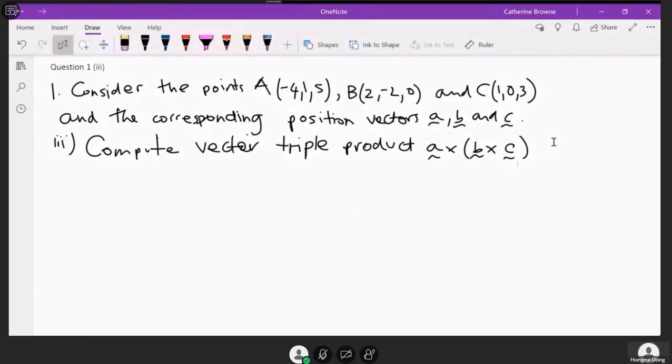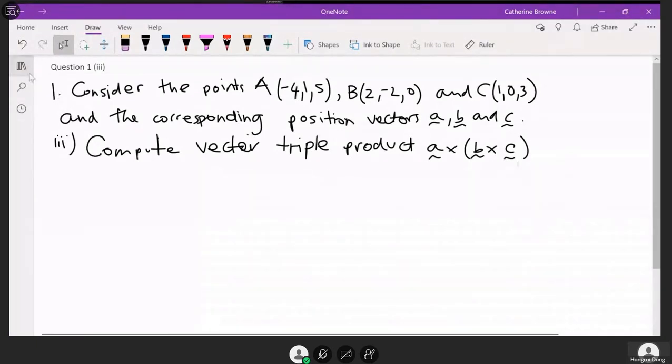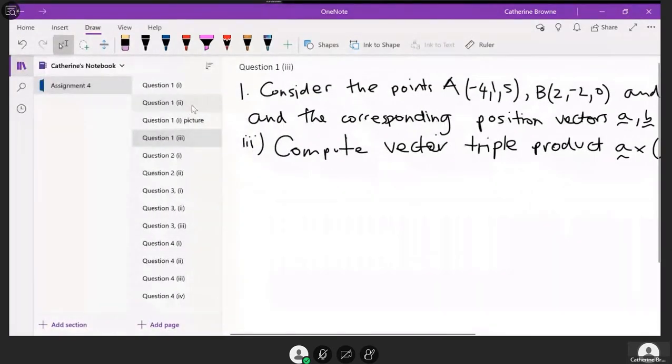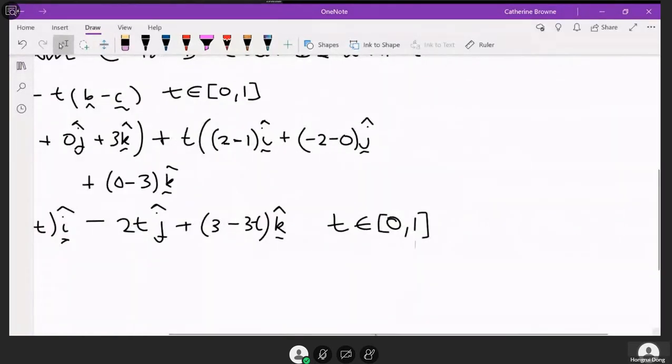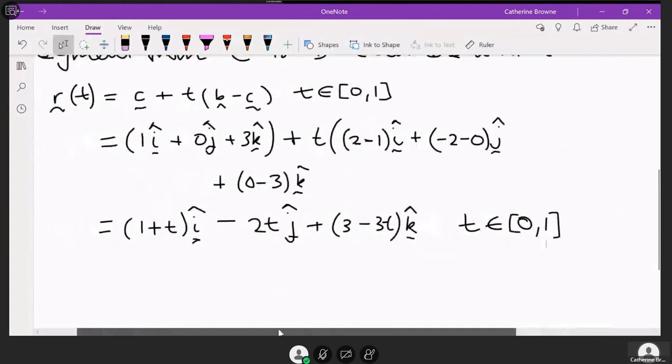Can you quickly review question 1, part 1? Sorry, what was that? Can you just quickly review question 1, part 1? Yes. Which part of it? Do the recording of part 1.